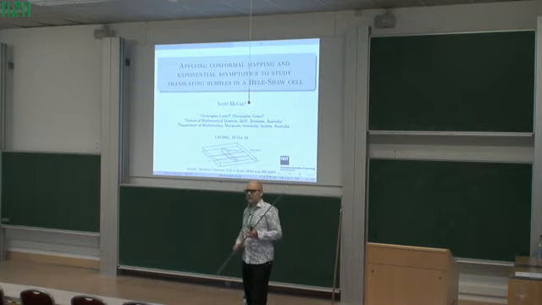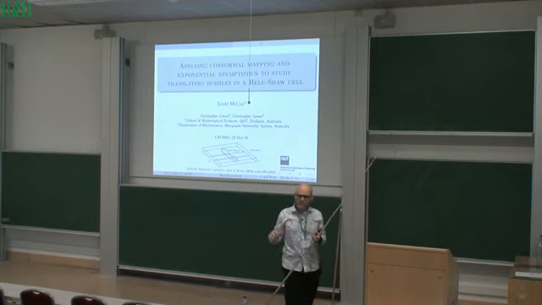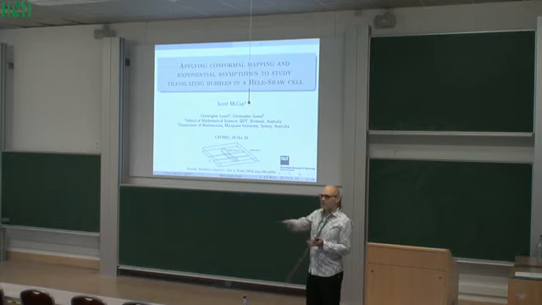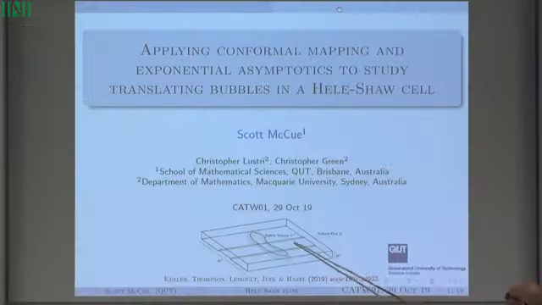And the scenario that I'm going to talk about involves a bubble in the cell, translating along the cell. Here is a schematic, taken from a very recent paper by Jack Keeler at the University of Manchester, as well as Alice Thompson and Andrew Hazel.